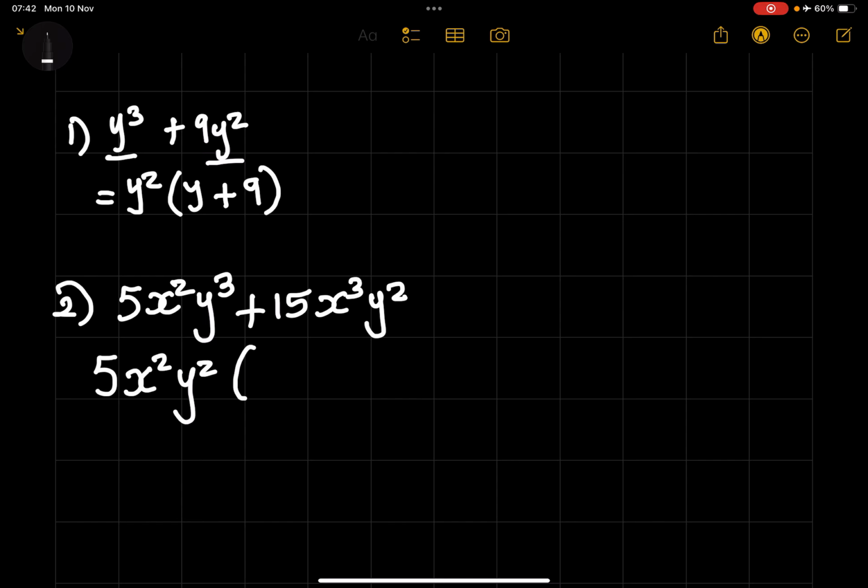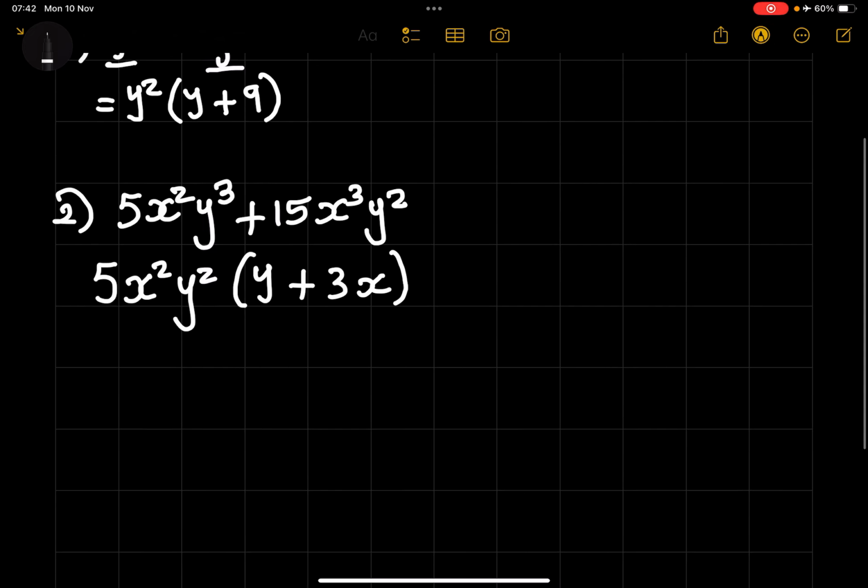And then we are left with, on the first term, 5 will cancel the 5, x squared will cancel the x squared, y cubed divided by y squared is just y. And then plus 15 divided by 5 is 3, x cubed divided by x squared will be x, and then y squared divided by y squared will be 1. So that is our final answer.